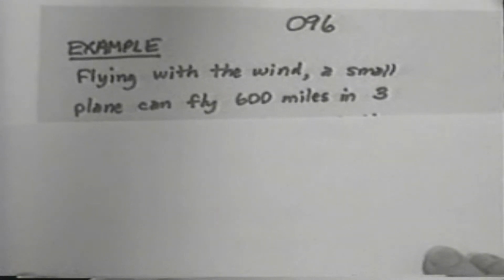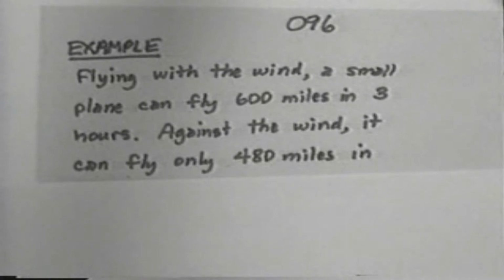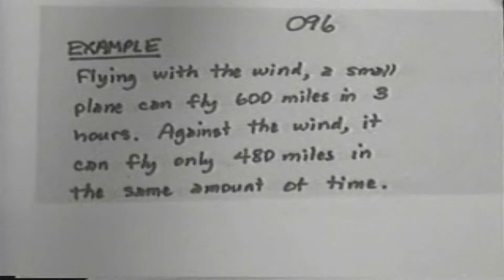Our example says, flying with the wind, a small plane can fly 600 miles in 3 hours. Against the wind, it can fly only 480 miles in the same amount of time.